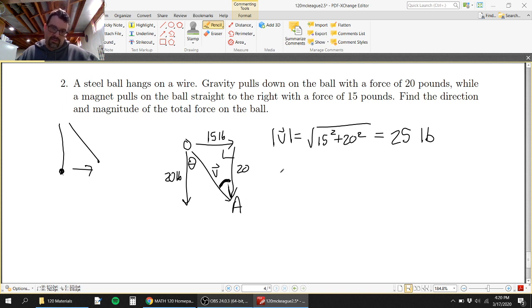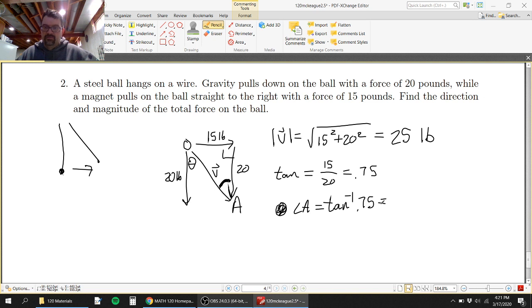Angle A, tangent, because we know the two legs, although we do know the hypotenuse right now, so you could use sine or cosine. But tangent is opposite over adjacent, which would be 15 over 20, which is actually 0.75. So angle A, which is going to be angle theta, is inverse tangent 0.75.